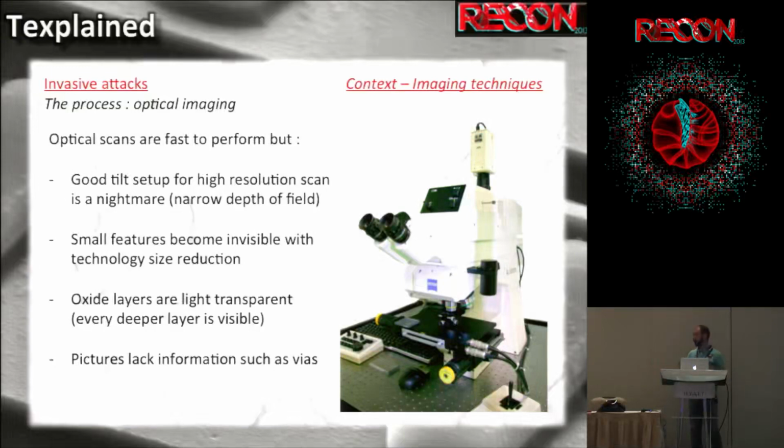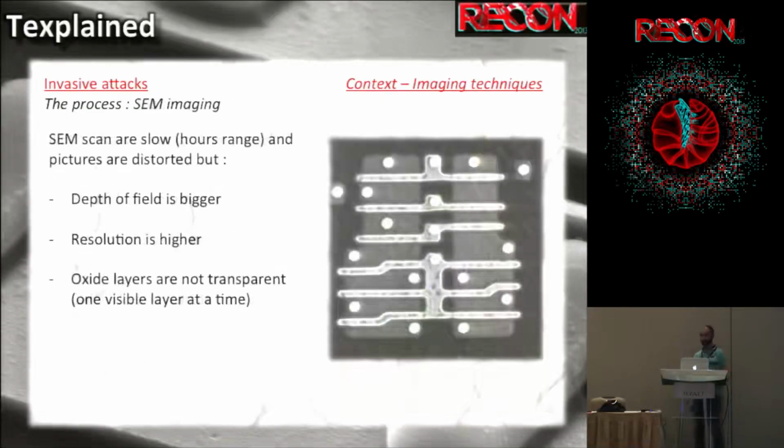So for me, the direction you have to take is to use a scanning electron microscope to get ultra high resolution, to get rid of all the problems we have with the optical approach. With this machine, you will see only one layer at a time, because the oxide layer now is not transparent for the electrons. And for resolution, this is just a gate.